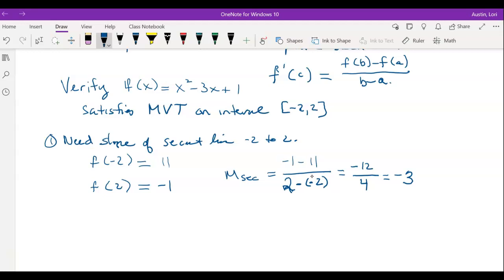Okay, so what does this mean? To satisfy the mean value theorem, we have to find a point C such that f prime of C equals what? -3. So we need a C value where f prime of that C value equals that slope.